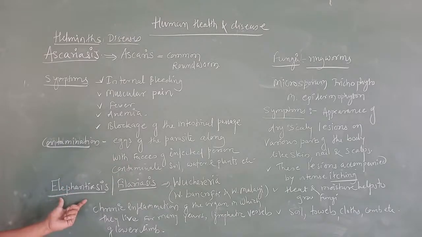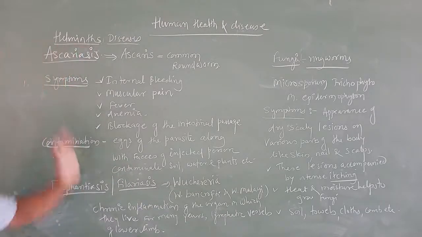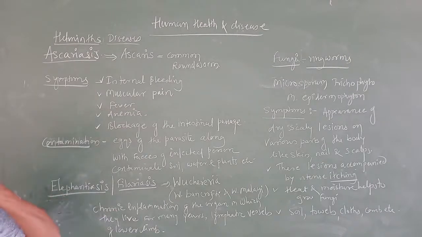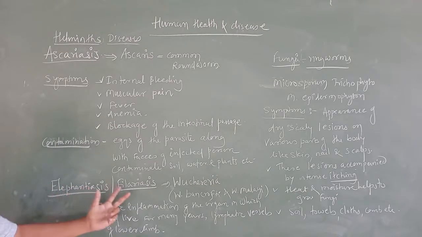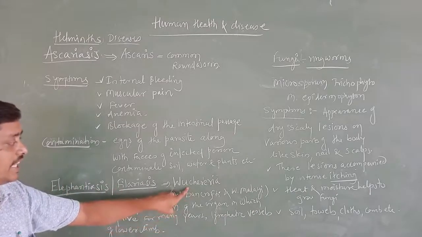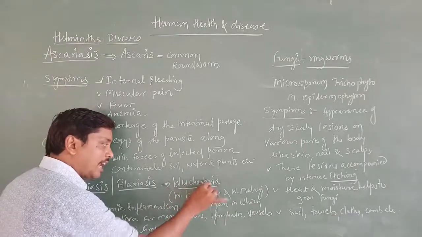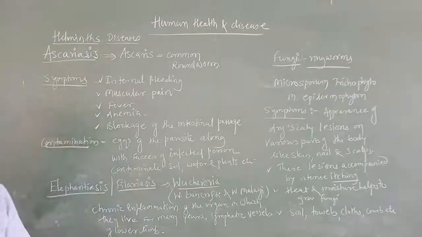The second disease we are going to study under the helminth diseases is elephantiasis or filariasis. Now, the causative agent for elephantiasis or filariasis is Wuchereria. Its spelling is very important. Wuchereria. Understood?